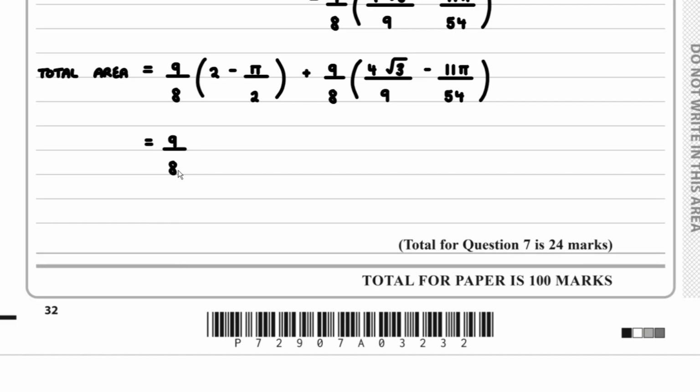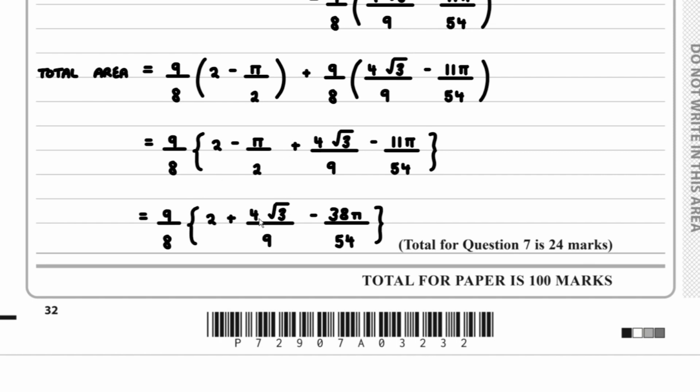And I could continue, so I've got 9/8, and if I factorise that out, I've got 2 take away pi over 2 plus 4 root 3 over 9 take away 11 pi over 54. So if I simplify inside the bracket, I'd have 2 plus 4 root 3 over 9 take away 38 pi over 54.